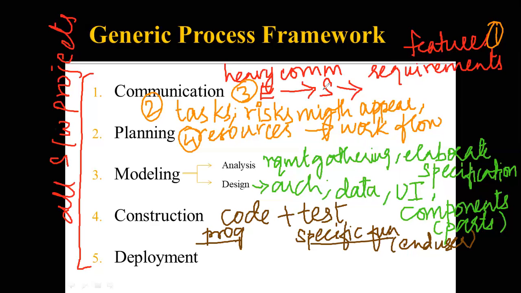Then the last phase is the deployment phase. As everything is done, within the deployment phase the software product is going to be delivered to the end user. When the software is delivered, he is going to work upon it.